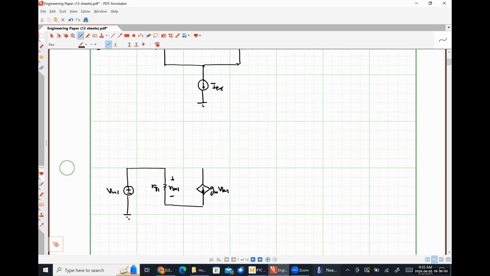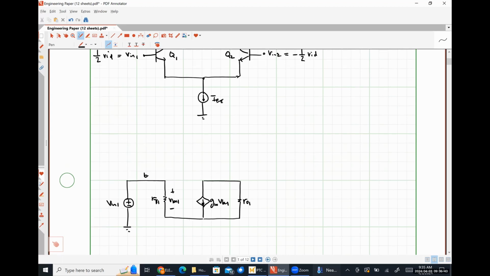GM1 VBE 1 in parallel with some resistance R0 1. And then this is going to seem a little odd, but I know, so let's see. So this is the base of 1. This is the emitter of 1. So this node right here is going to be the collector of 1.